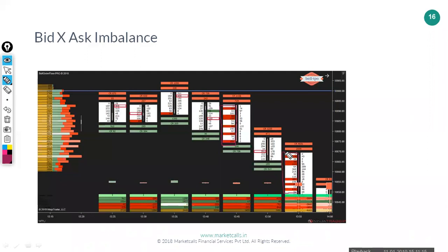Then generally, when the stacked imbalance is coming at a key reference level, let's say something like a rally high in market profile, coming exactly there, then for example, let's say there is a 2-day high. Initially price drives up and takes the 2-day high.